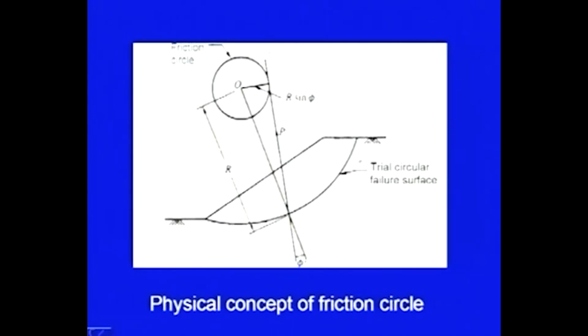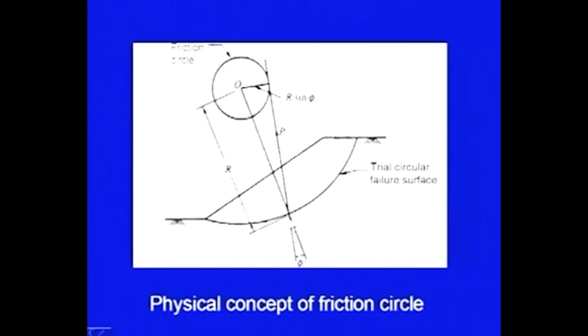This is the arc of the circle, and this is the center O. If we draw a circle here with center O and radius r sin phi dash, we called it the friction circle.